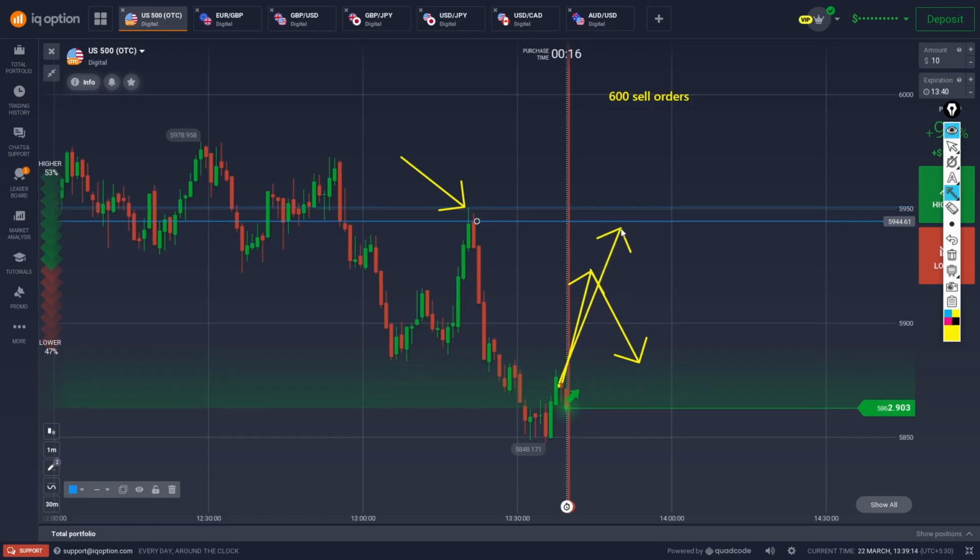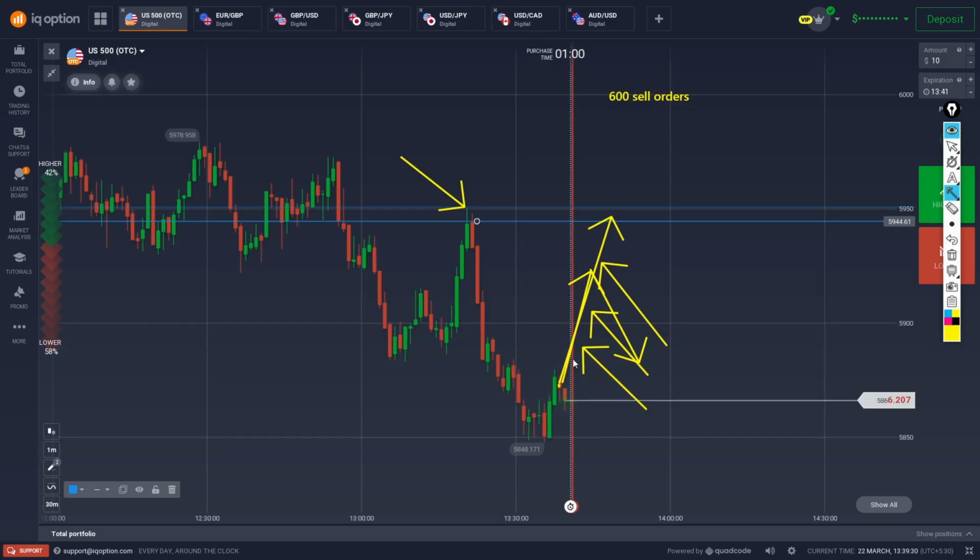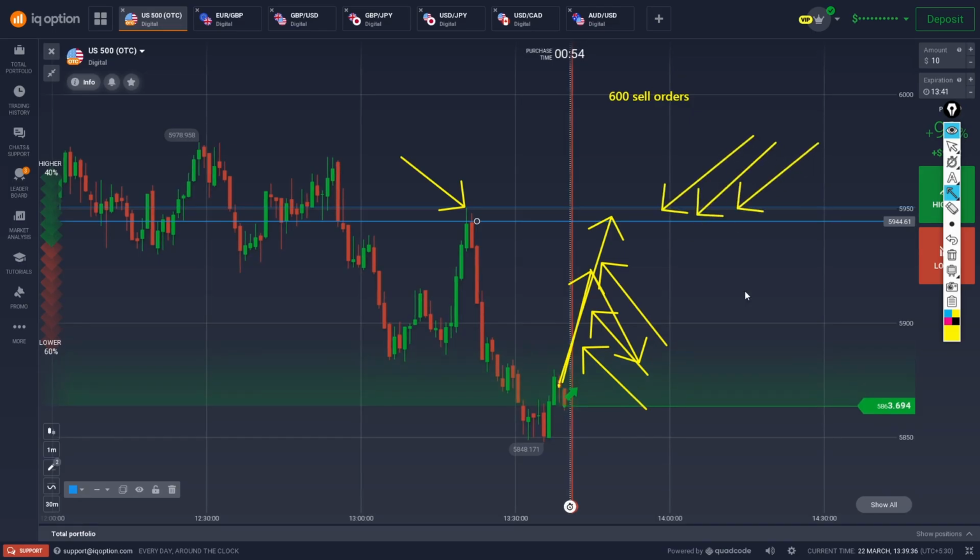At the time when price hits this zone, in this whole journey we can expect, I'm just taking an example here, this is a totally made up story, 300 pending buy orders will get filled and we will only be left with 200 buy orders at this zone.